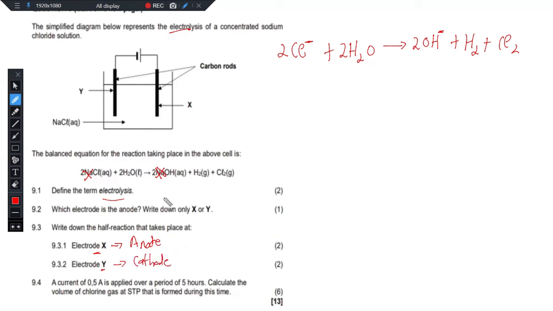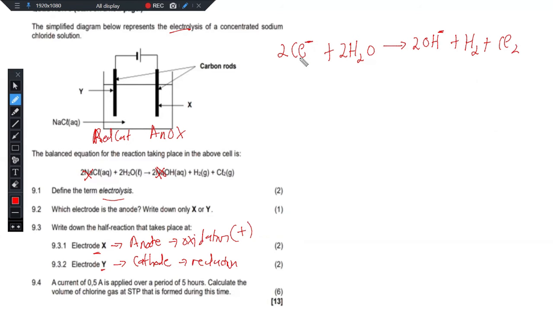Now in the anode, if we refer to red cat and ox, we know that in the anode, we should have oxidation taking place. And then in the cathode, we should have what? Reduction taking place. Right. Now looking at this oxidation, we are expecting an increase in oxidation number. So moving from a negative to a positive.